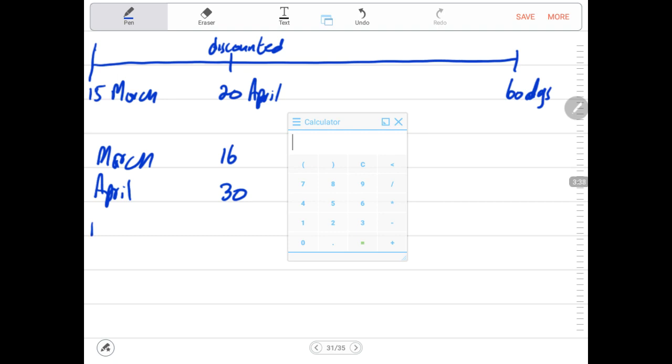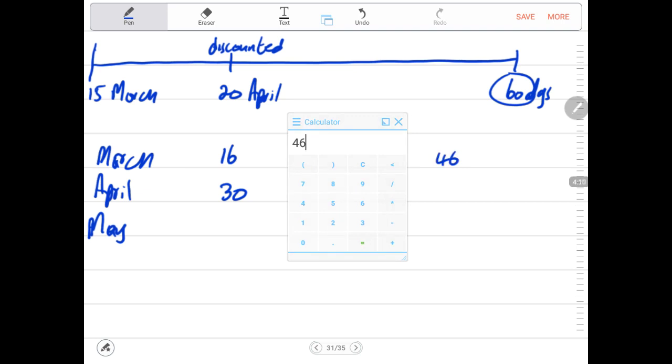We don't need the full May. Remember, our target is to calculate 60 days from the 15th of March. We definitely don't need the full 30 days in May, because 30 plus 30 is already 60, plus 16 would be above 60. So we say 16 plus 30, then we know that it is 46 days from the 16th of March up to the end of April.